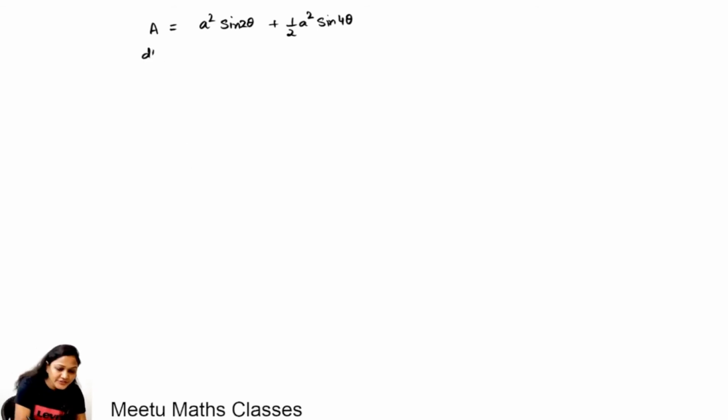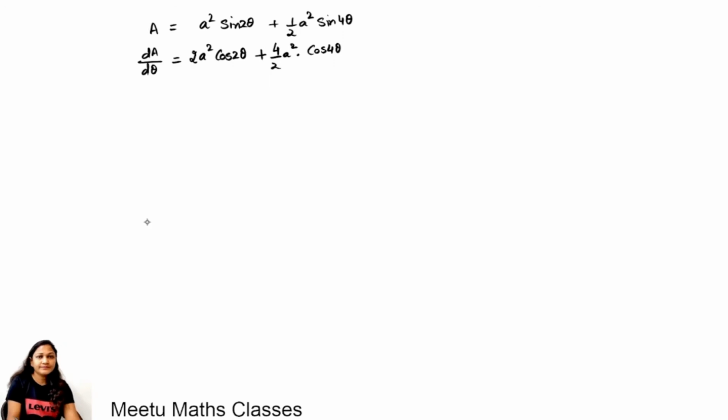Now differentiating with respect to theta, we will get a square into cos 2 theta, and in turn the derivative of 2 theta is 2, plus half a square, the derivative of sin 4 theta is cos 4 theta, and in turn the derivative of 4 theta is 4.